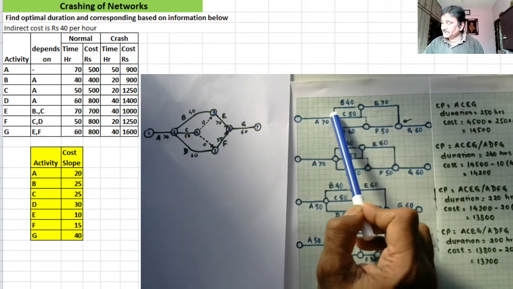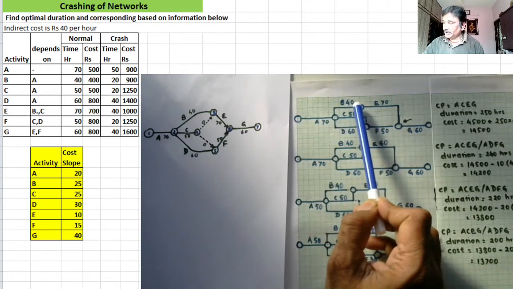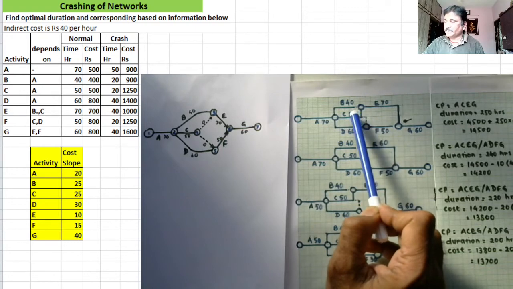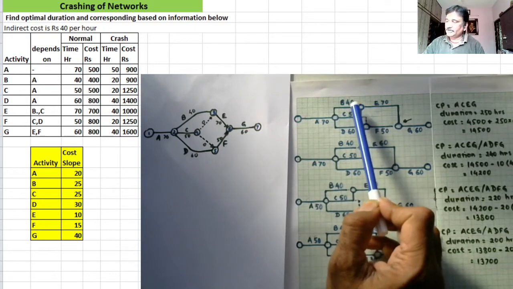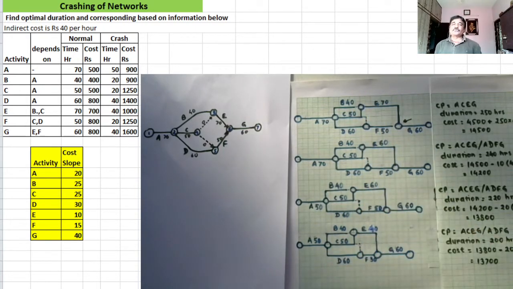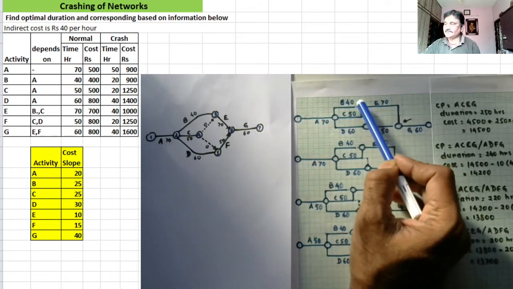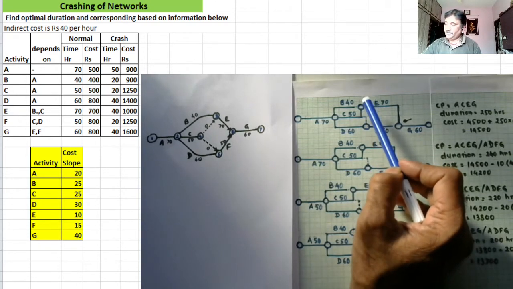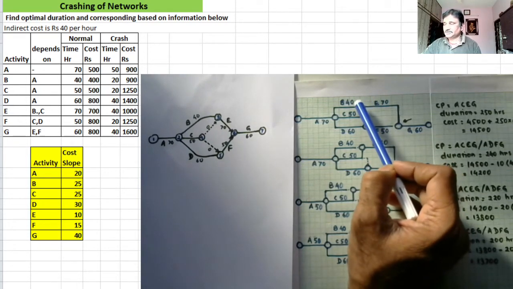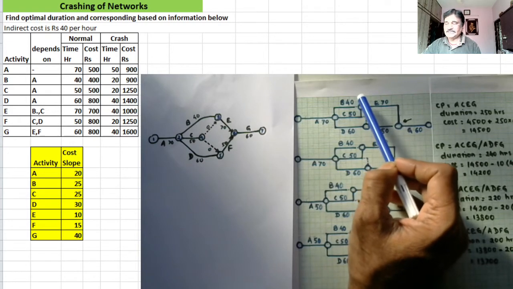But this is 40. How do we fill up the gap between this 40 and 50? That gap we leave as it is. At most, we may put dots in between, just to signify that there is a slack of 10 hours here.